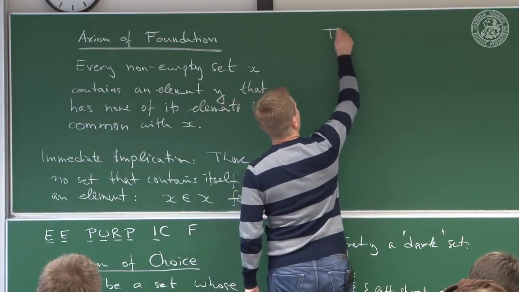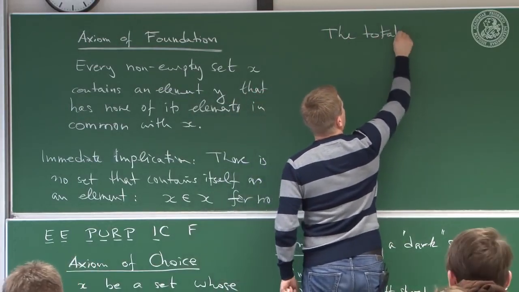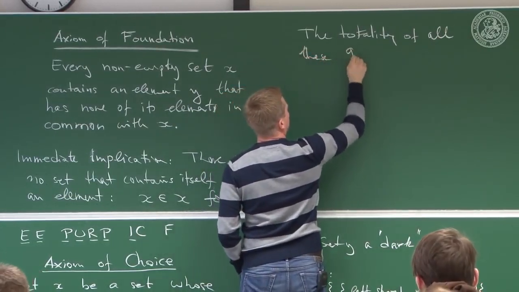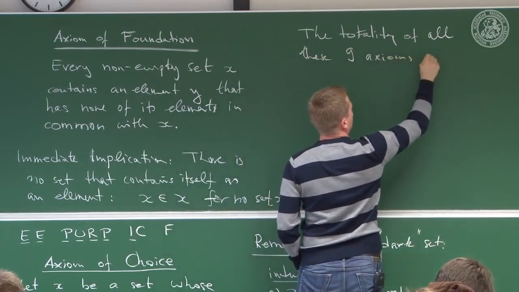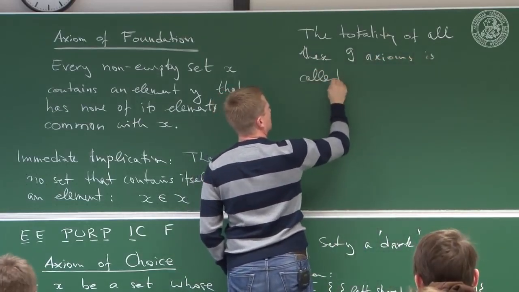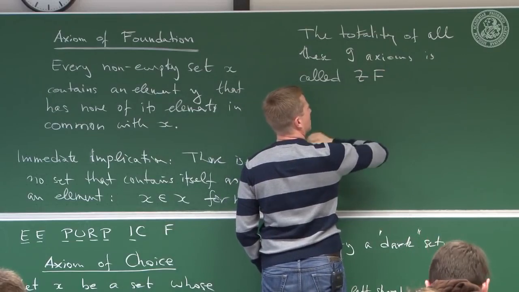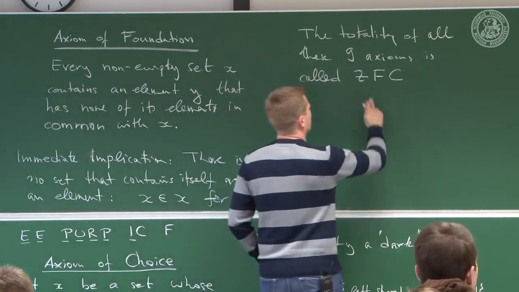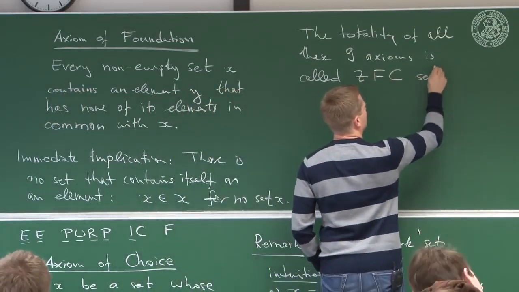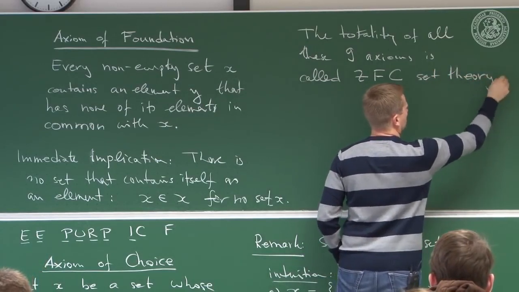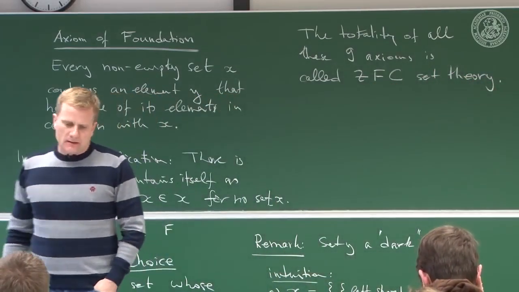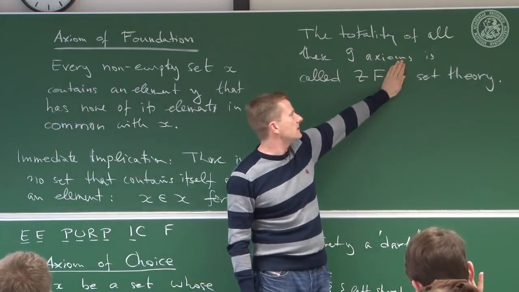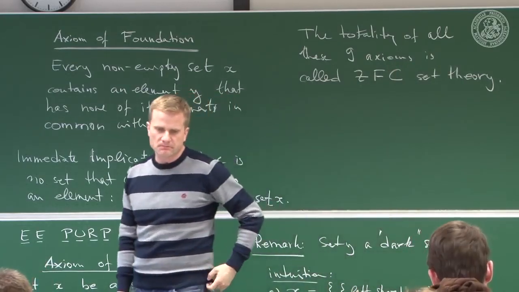So the totality of all these 9 axioms is called Zermelo-Fraenkel set theory, including the axiom of choice. It is called ZFC set theory. If the C is left out, that means you don't want to assume the axiom of choice.